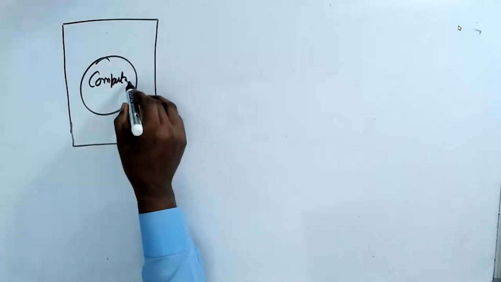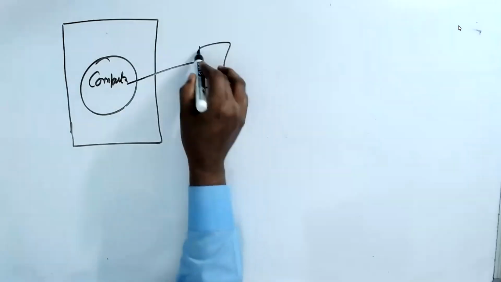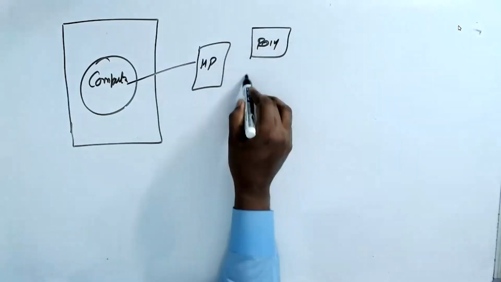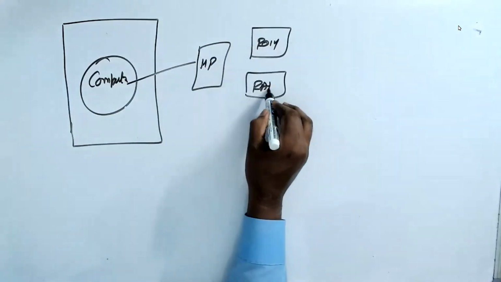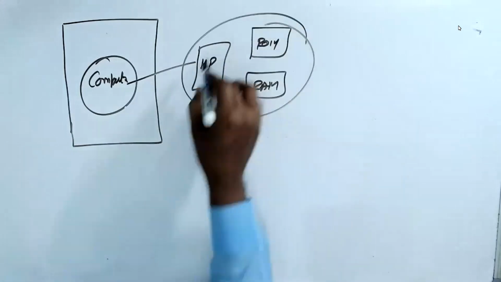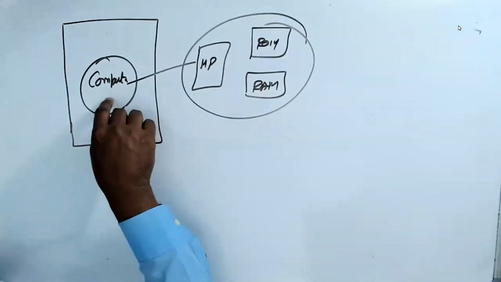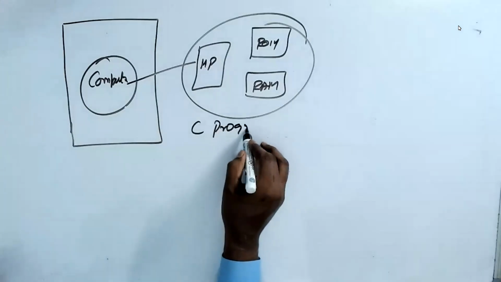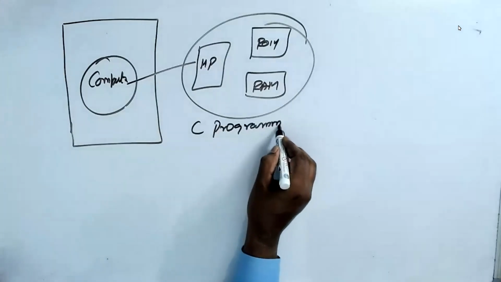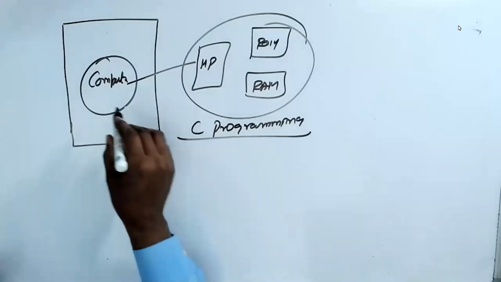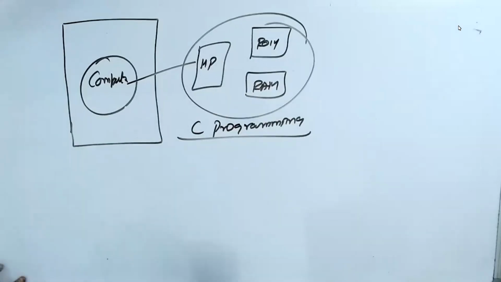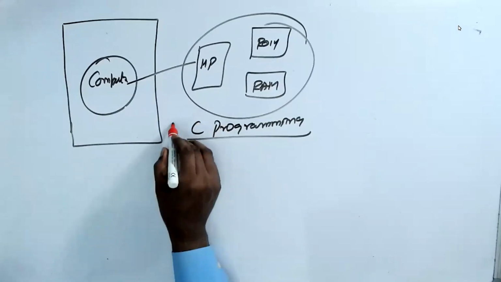The computer is nothing but a microprocessor, ROM, and RAM. To make this computer work, you should know C programming. This is essential. So please understand, your first step should be learning C programming.